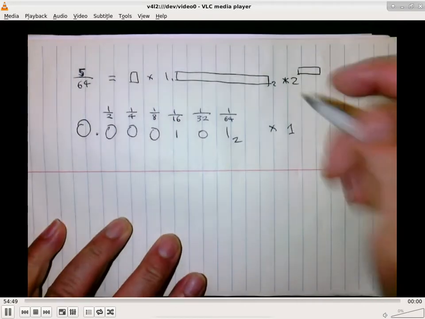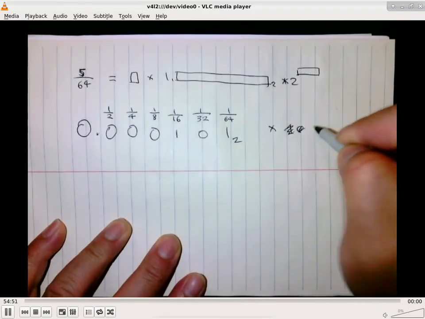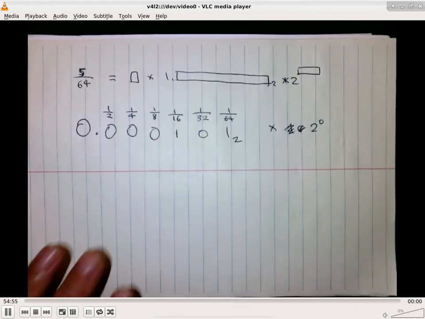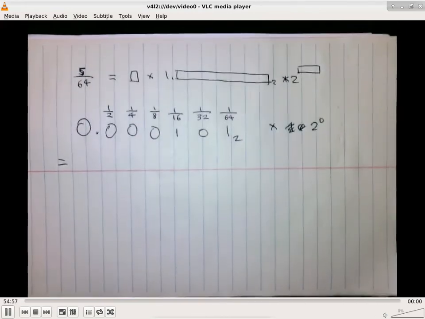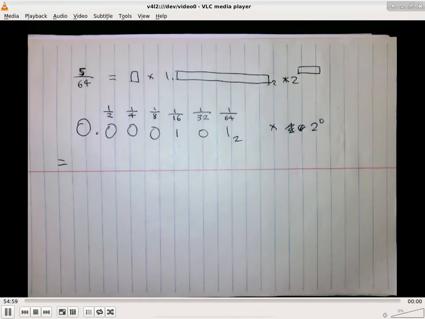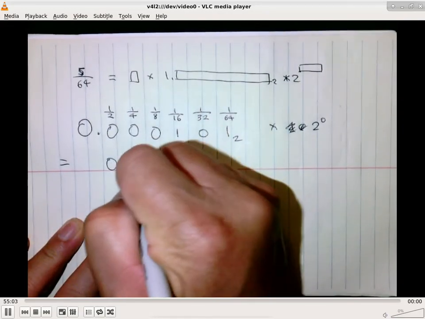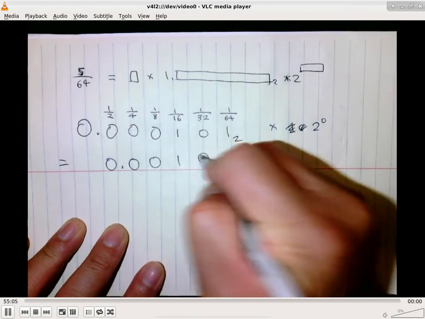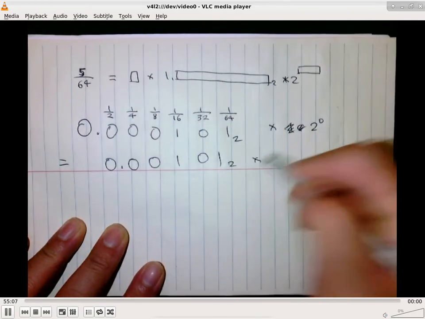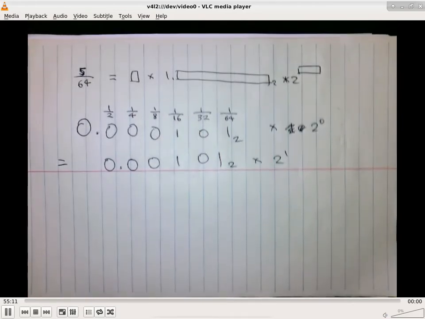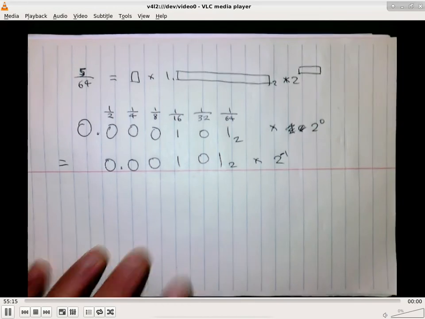So we will shift the binary point one step at a time. I want to shift it so it becomes 0.00101 in base 2. I think I got it in the wrong direction. There we go.